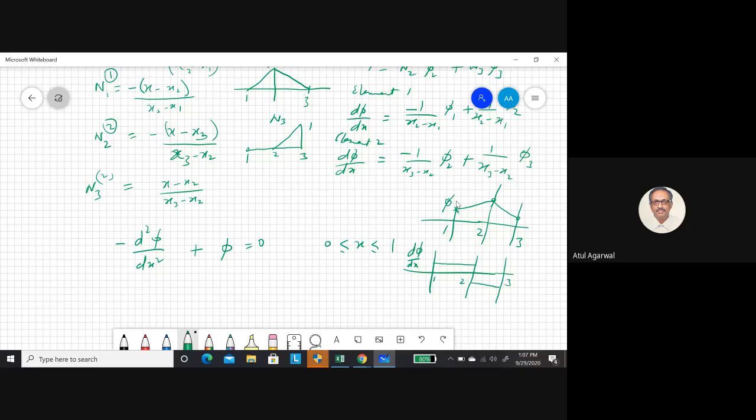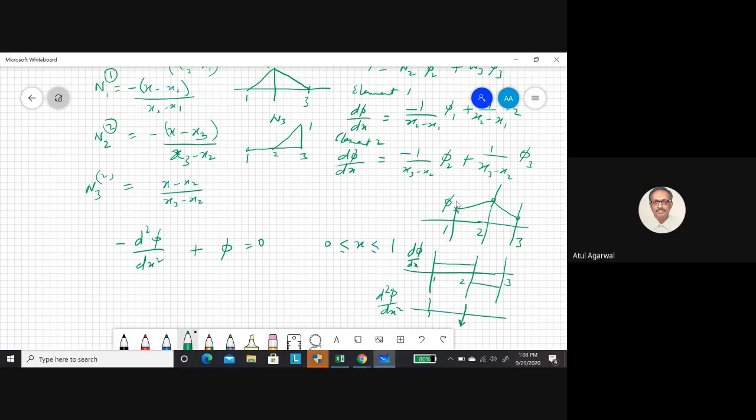If you look at the second derivative, what will happen to the second derivative? Suddenly you see the first derivative is going from a positive value to a negative value within a distance tending to 0.